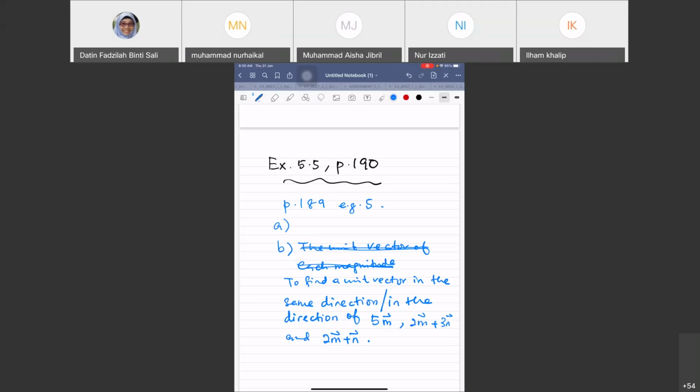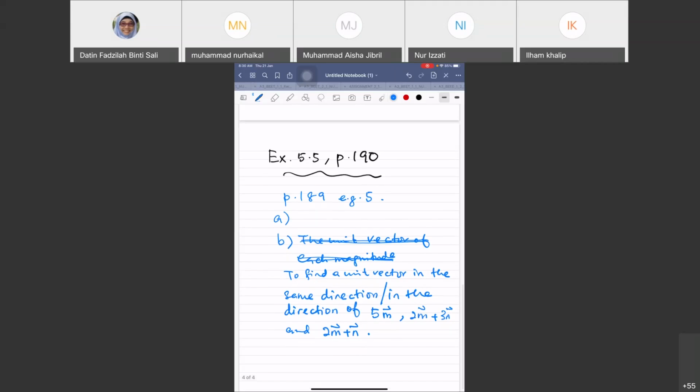They want you to find a unit vector in the same direction or in the direction of 5m, 2m plus 3n and 2m plus n. Basically, this is the question. So the statement about the unit vector of each magnitude, you just scrap. That is quite confusing, because in the first part A, they already ask you to find the magnitude.